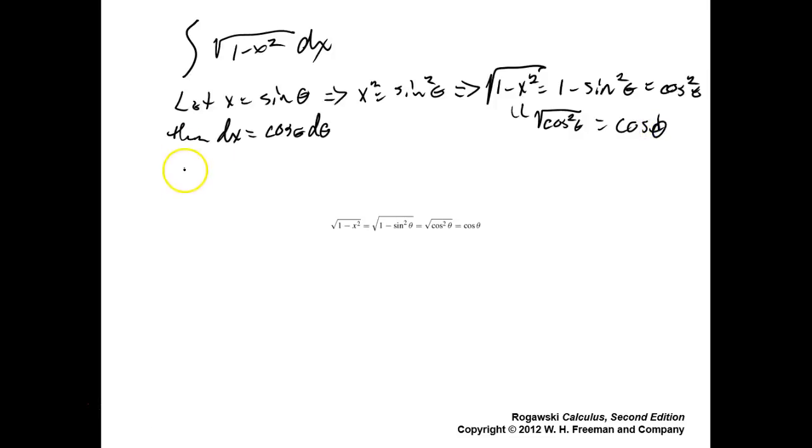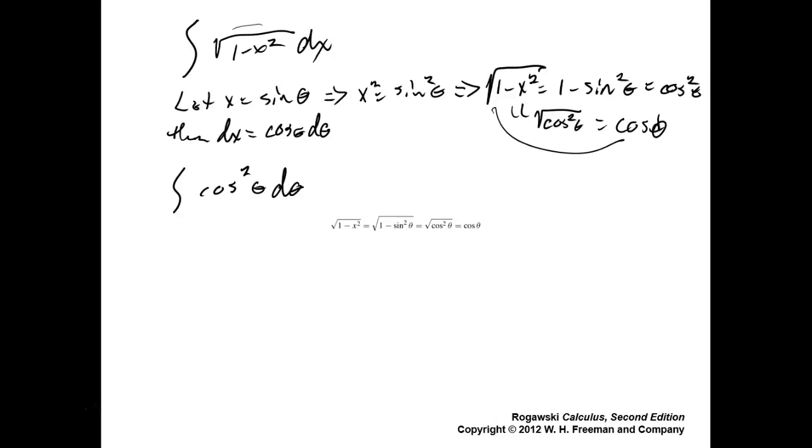So now what is our integral? Cosine theta from this, that's cosine theta. Your dx is cosine theta also, so that's cosine squared theta d theta, and then you could go back and use your cosine squared thing that we did in the last section, remember?